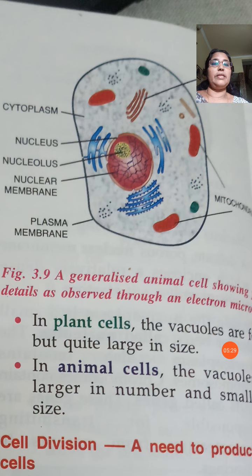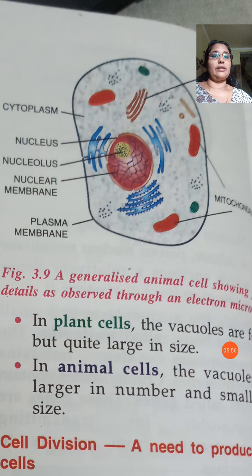Then many other organelles are also present. Organelles, meaning small parts, are also inside the cell and do particular functions. Small parts that do particular functions are known as organelles. Like that we say organs inside our body.